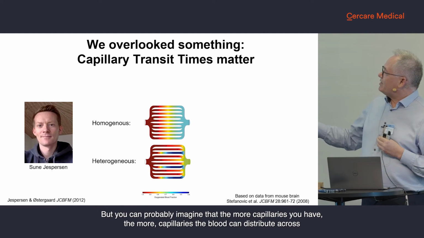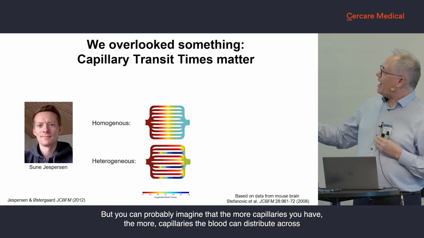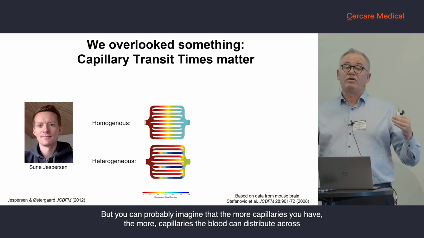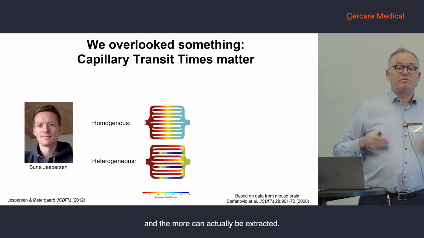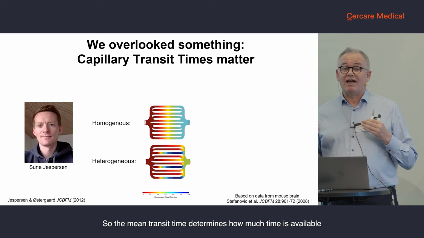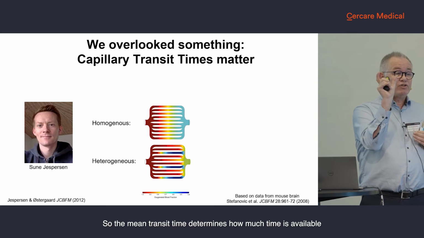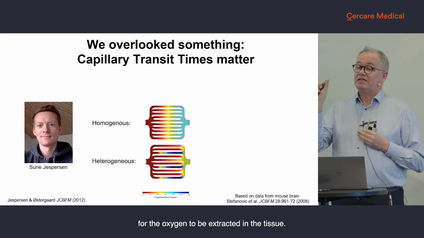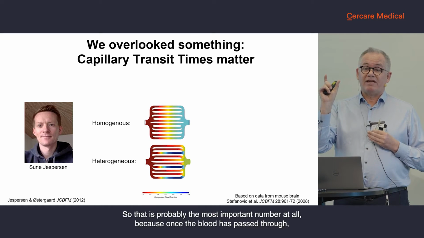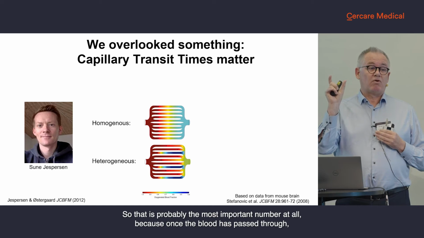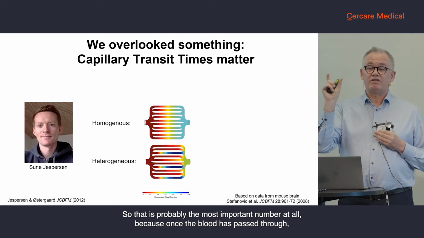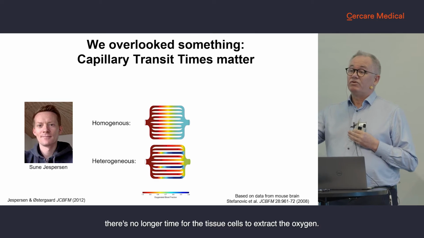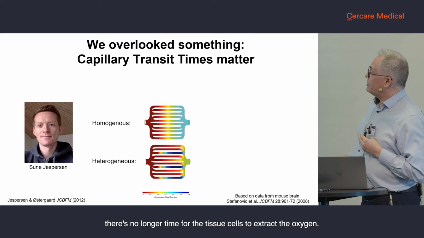But you can probably imagine that the more capillaries the blood can distribute across, the more can actually be extracted. So the mean transit time determines how much time is available for the oxygen to be extracted in the tissue. That is possibly the most important number, because once the blood has passed through, there's no longer time for the tissue cells to extract its oxygen.